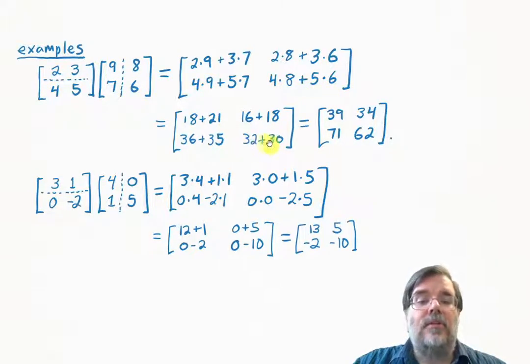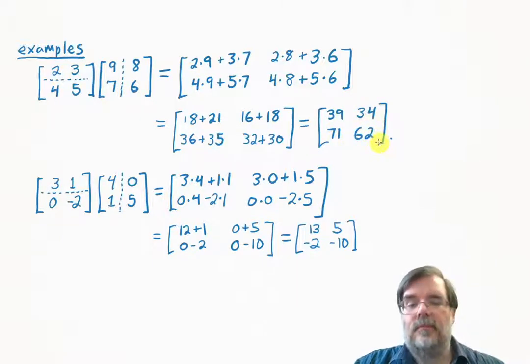That's 32 plus 30, which is 62. So the matrix product of these two matrices is the matrix 39, 34, 71, 62.